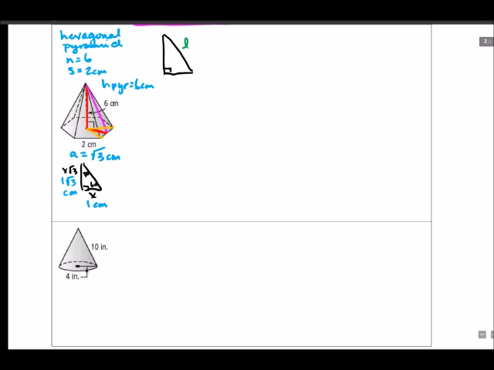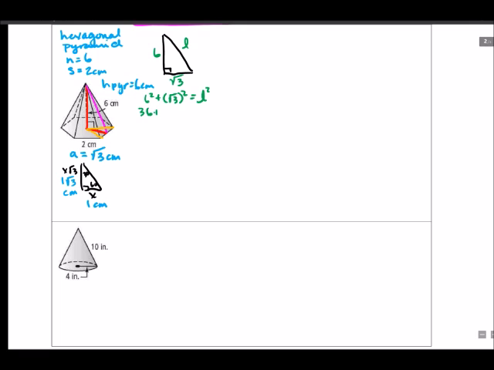This is our slant height. This is 6, the height of our prism. And this is our apothem here, square root 3. So I know, just a little Pythagorean theorem, 6 squared plus the square root of 3 squared equals my slant height squared.